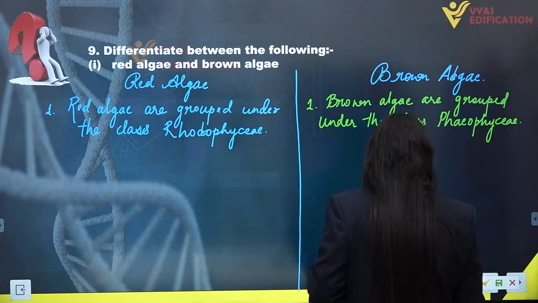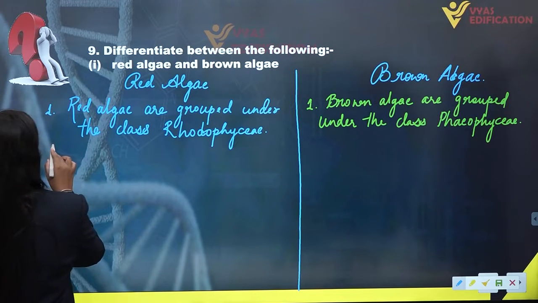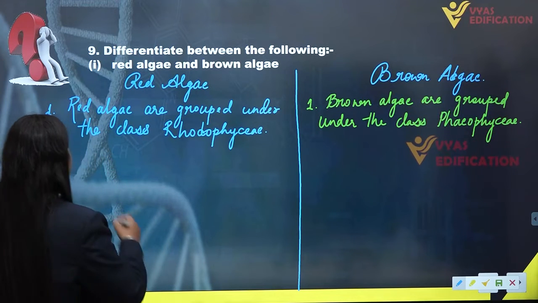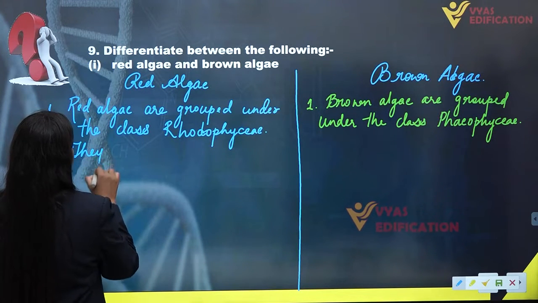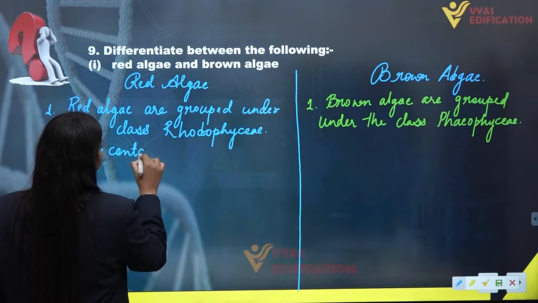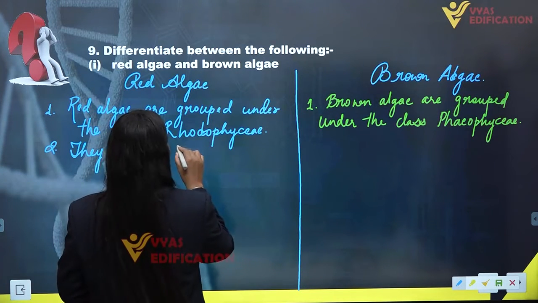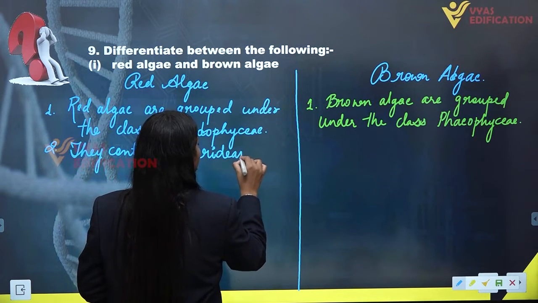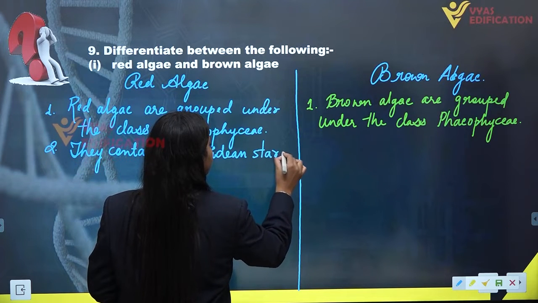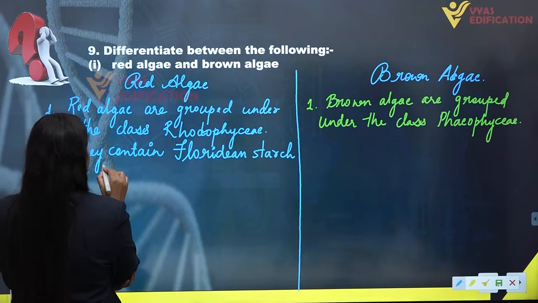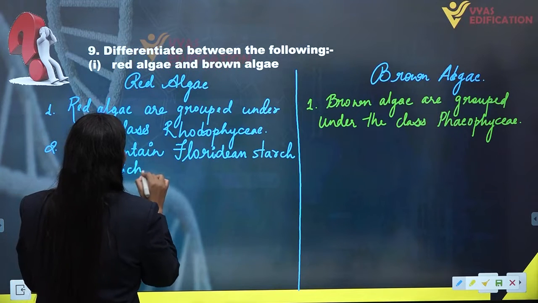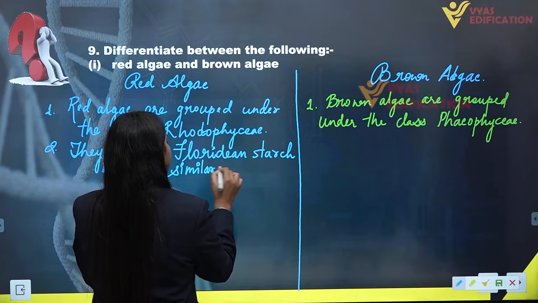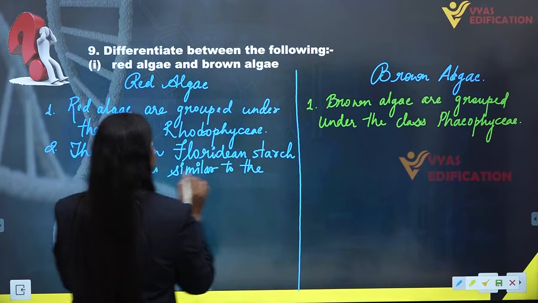The next thing which we are talking about for the red algae is the presence of reserve food material in them. They contain Floridian starch, which is similar to the glycogen in structure.